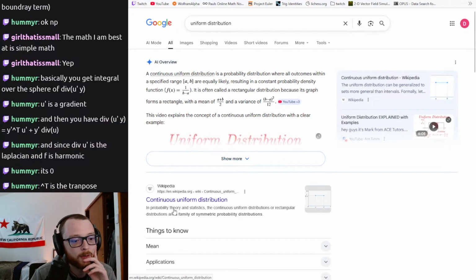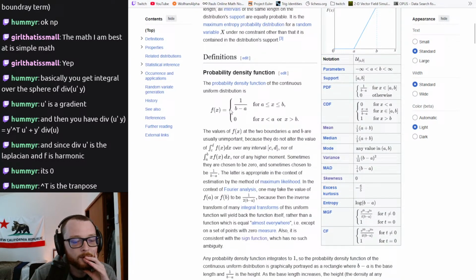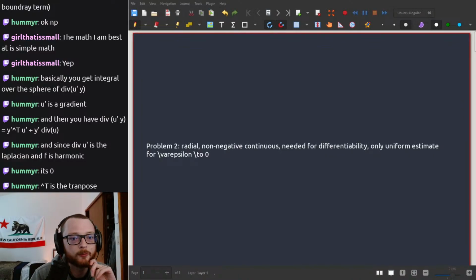I just want to see it for a regular uniform distribution. I need to bring the problem into my journal.